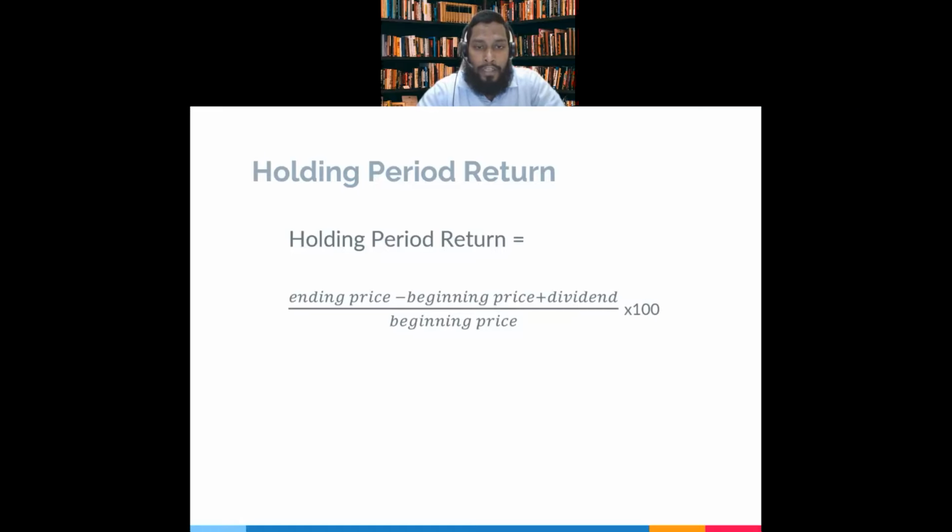Ending price means the price at which we sell the asset, and beginning price means the price at which we bought it. We divide by the beginning price and multiply by 100, so we get the percentage of the return during the period that we hold the asset.